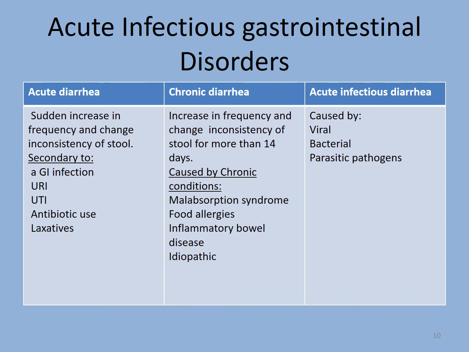A lot of times the acute diarrhea will be from a GI infection, sometimes from an upper respiratory infection, where all that mucus drains and causes loose stools. Many times we'll see kids with a urinary tract infection have acute diarrhea.